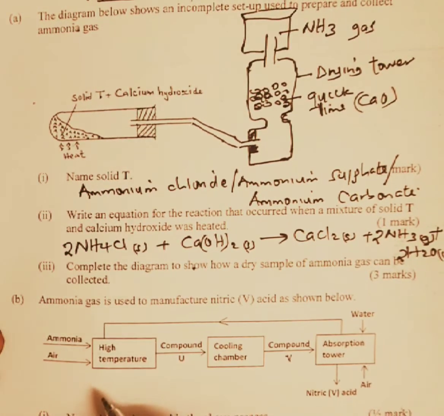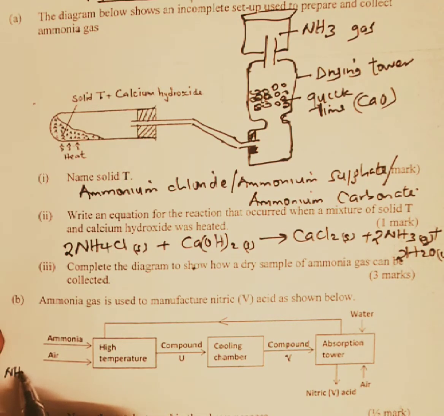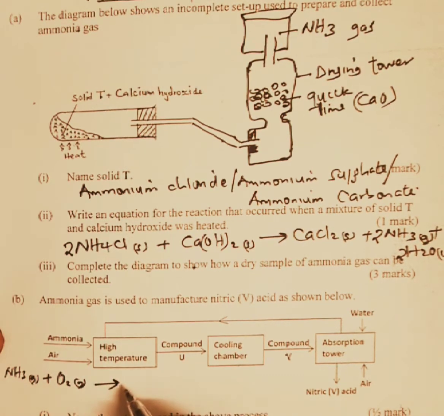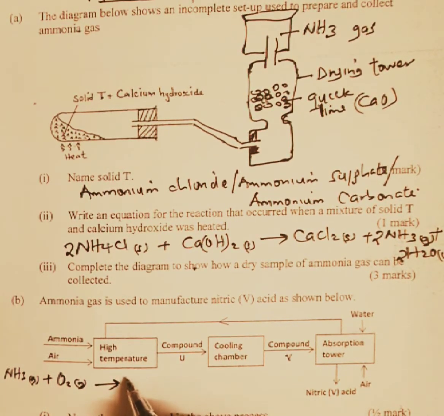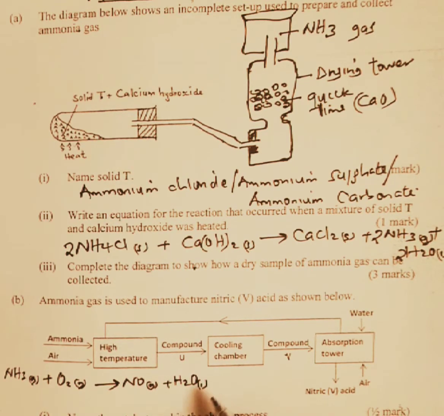In this case, let us look at the summary of the reactions that take place. We have ammonia gas reacted with air, which is oxygen, and the reaction produces nitrogen(II) oxide gas and water, which is a liquid.